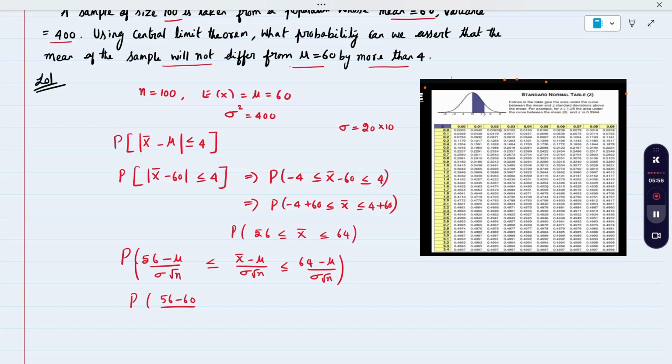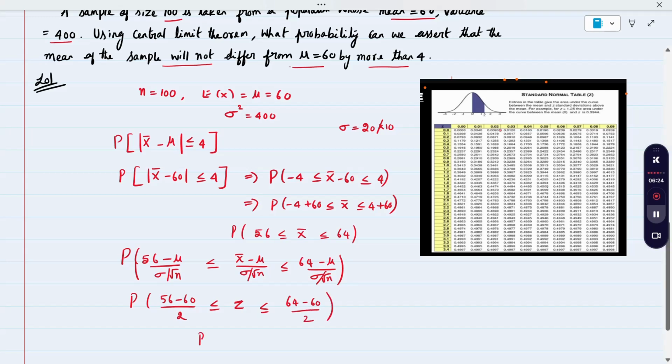Dividing everything by 2, so the denominator is 2. Now it is minus 4 divided by 2, less than or equal to z, less than or equal to (64 minus 60) divided by 2.